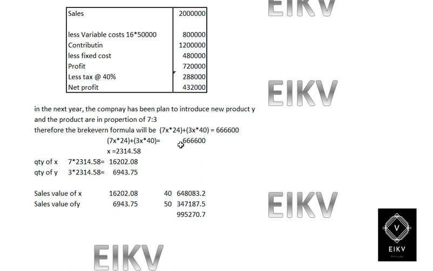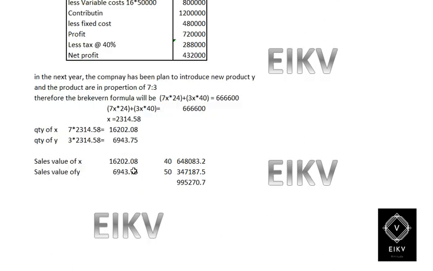So here we have computed the break-even formula, and when we solve this formula, we will get x as 2340.58. We multiply it with 7 and 3, and we will get the total quantity of X as 68,202 and Y as 66,942, that is 3 into 2314.